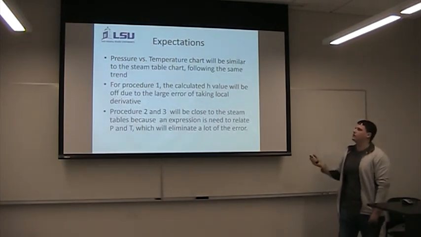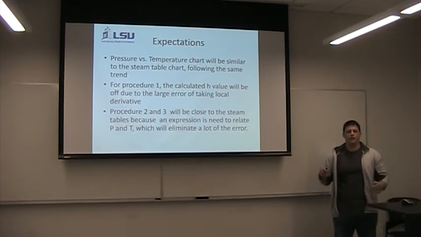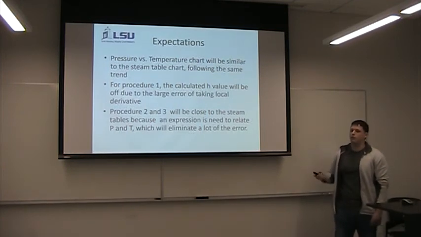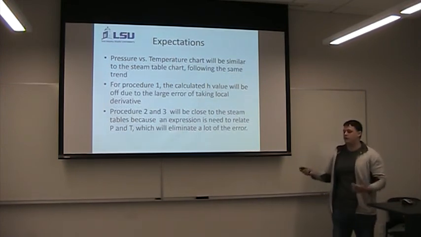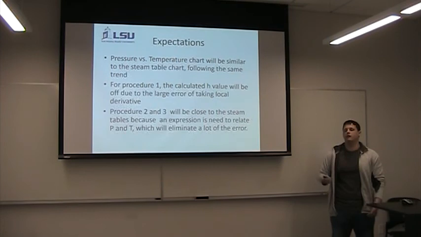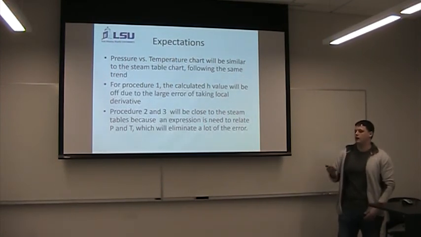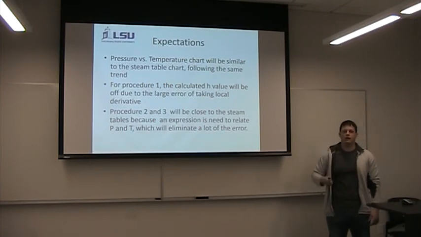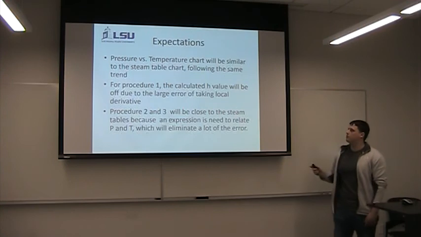So for the expectations of this experiment, we'll have to plot what I just showed, but with our own data. I expect that our data will be very similar in trend and overall to what I just showed you. We'll follow that same curve, get the same pressures for temperatures, and get the same latent heat.